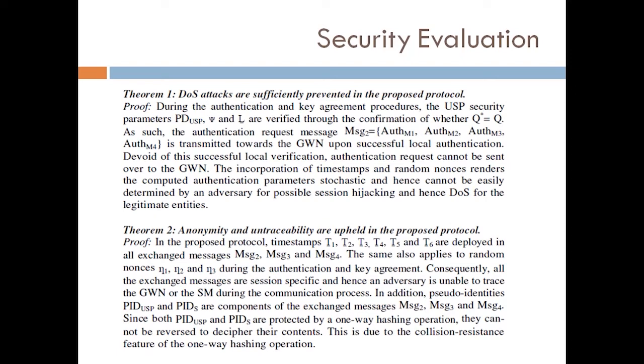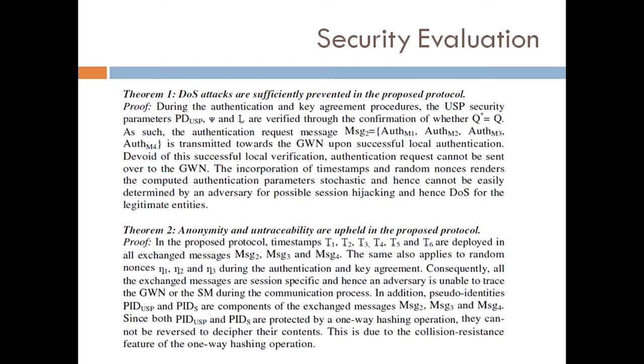We start off with denial of service attacks, where we note that during the authentication and key agreement procedures, the USP derives a number of parameters through the confirmation of parameter Q. It's only upon the successful verification of parameter Q that the algorithm proceeds to other stages.